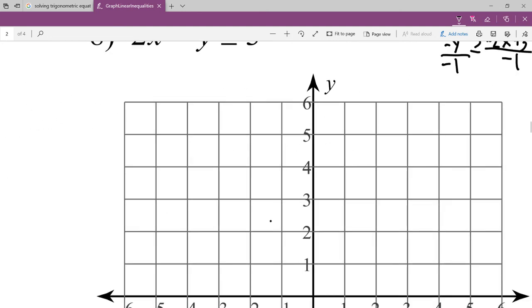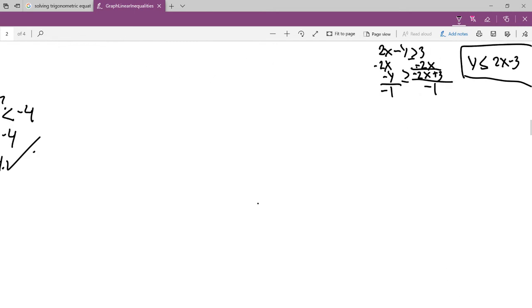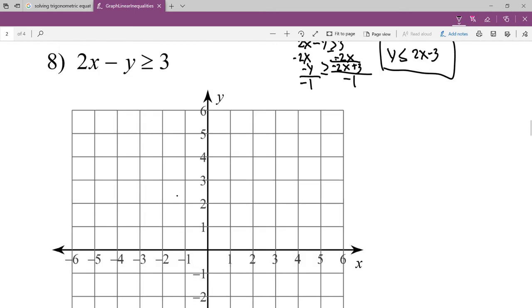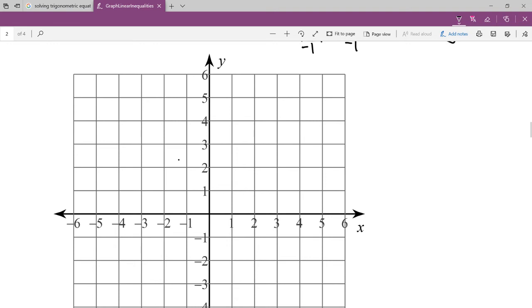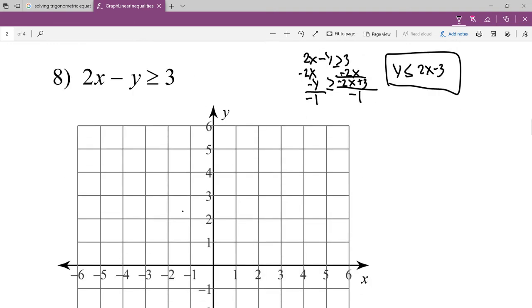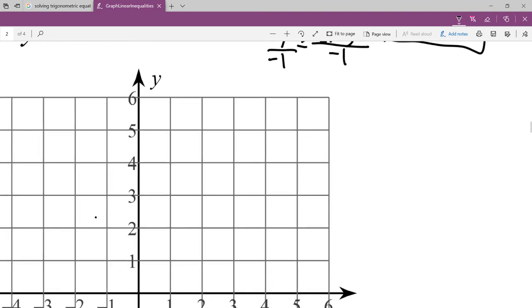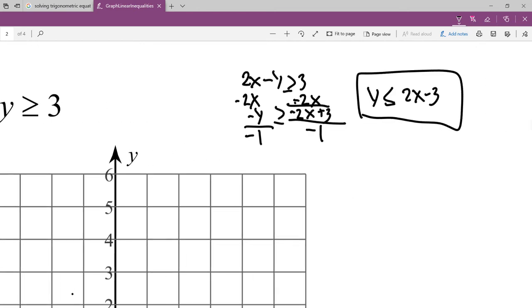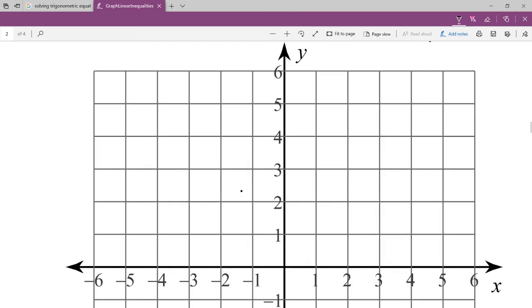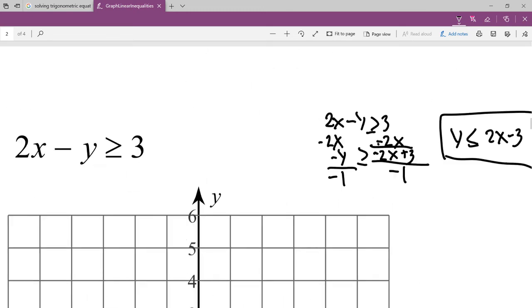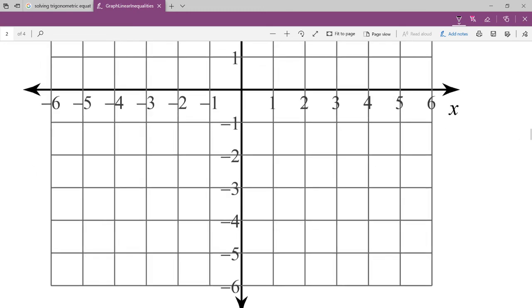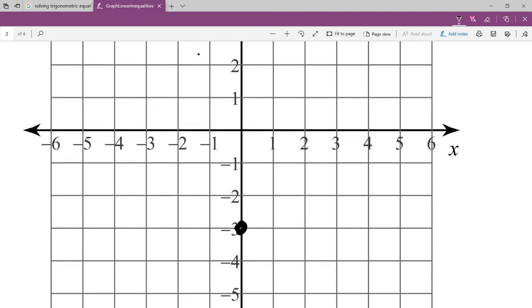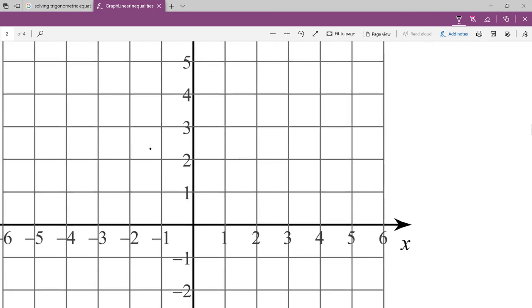Again, what you want to do is treat it like an equation. So you do 0, -3 first, and then you use your slope.